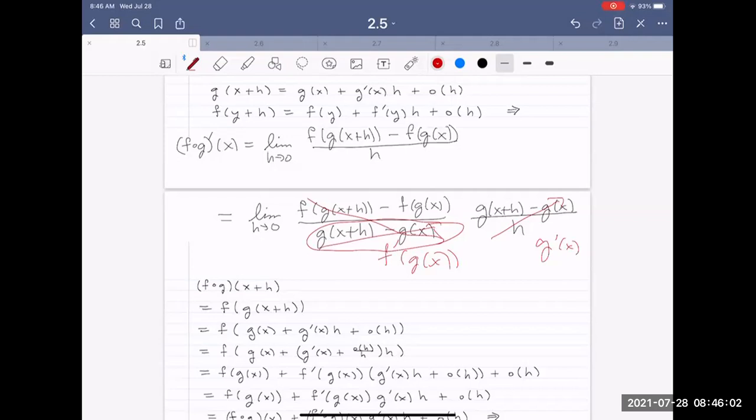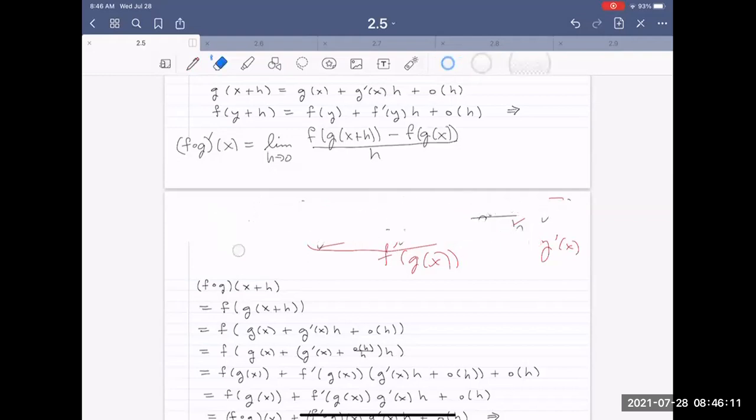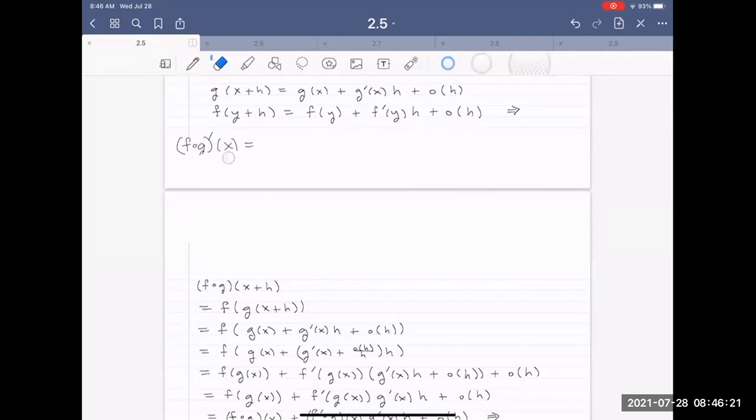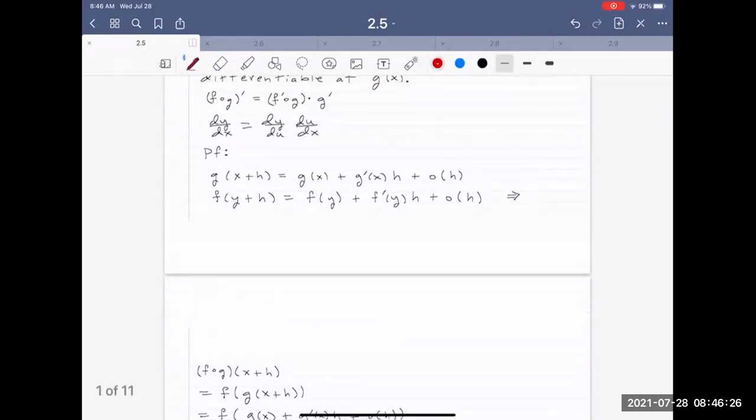So rather than do that, let's not use the difference quotient definition. If I use Lewis and Steinberg's definition for the derivative, things are a little bit easier.